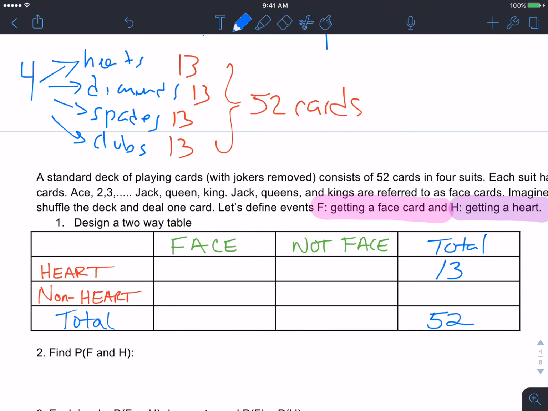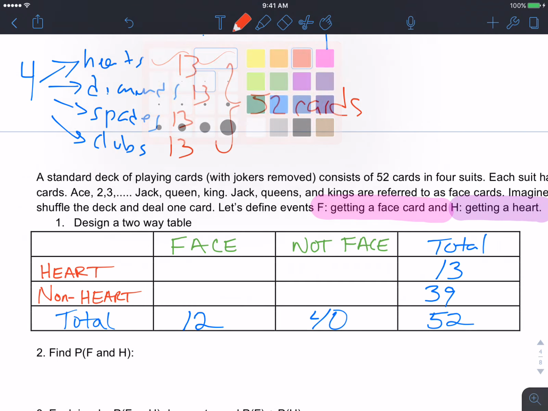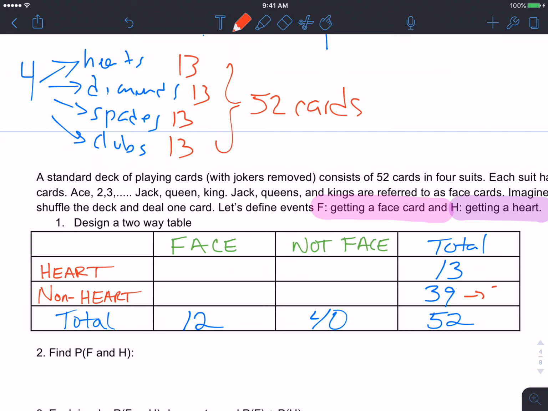That means there are three different face cards in each of 4 suits, so there are a total of 12 face cards. I could easily fill out the rest of that chart because I know it has to be 52, and this will be 39. For this I just did 52 minus 13, and this one is really just 52 minus 12.